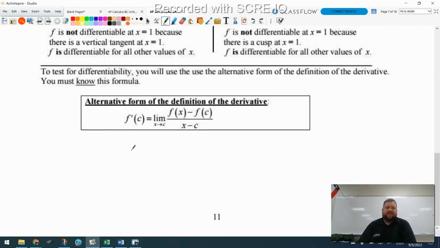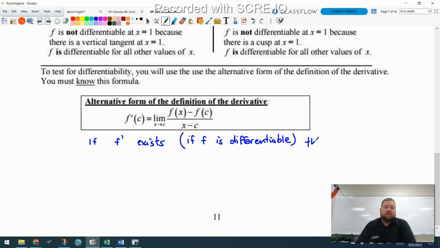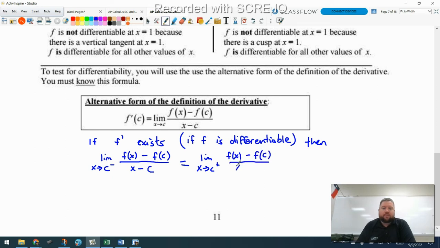If f prime exists, if f is differentiable, then the limit as x approaches c from the left of f of x minus f of c over x minus c will equal the limit as x approaches c from the right of f of x minus f of c over x minus c.